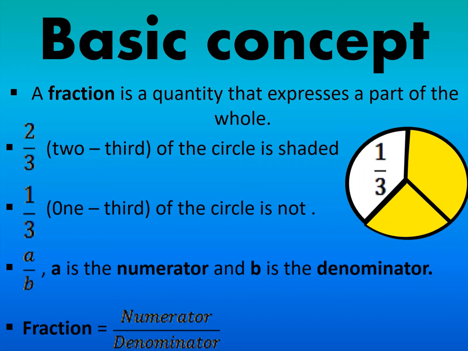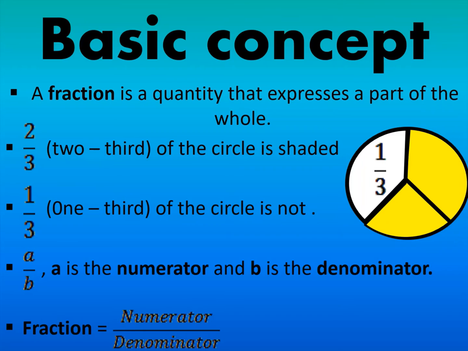So in a/b, a is the numerator, meaning 1 is the numerator, and b is the denominator, meaning 3 is the denominator. So in a fraction, there are 2 parts.